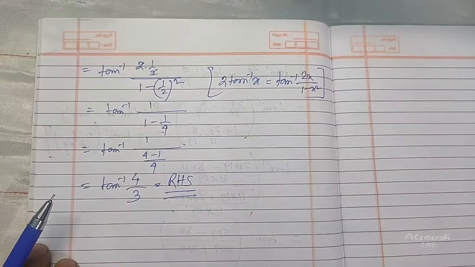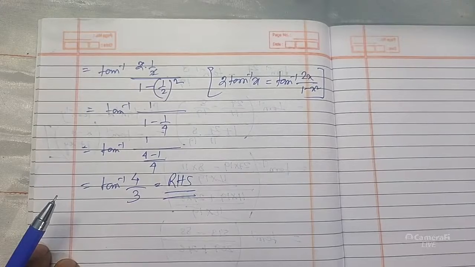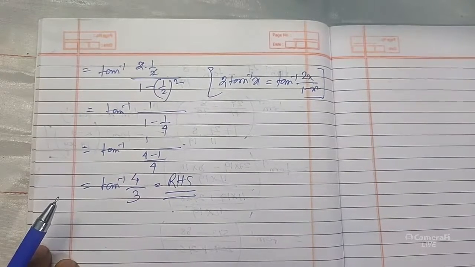That is, 2 tan inverse x is equal to sine inverse 2x by 1 plus x square. That is the formula.